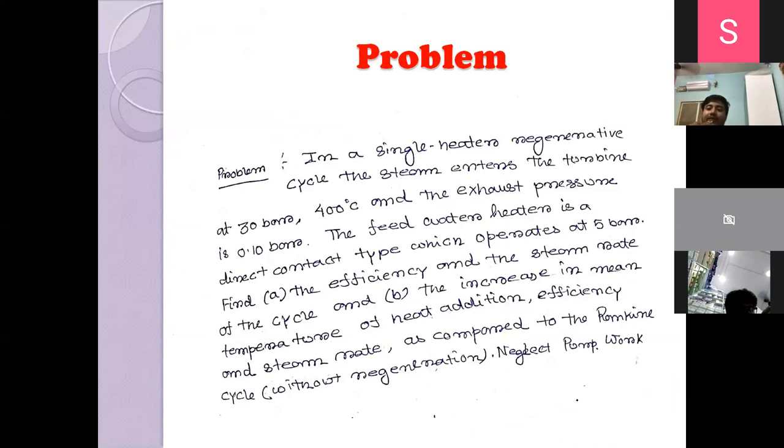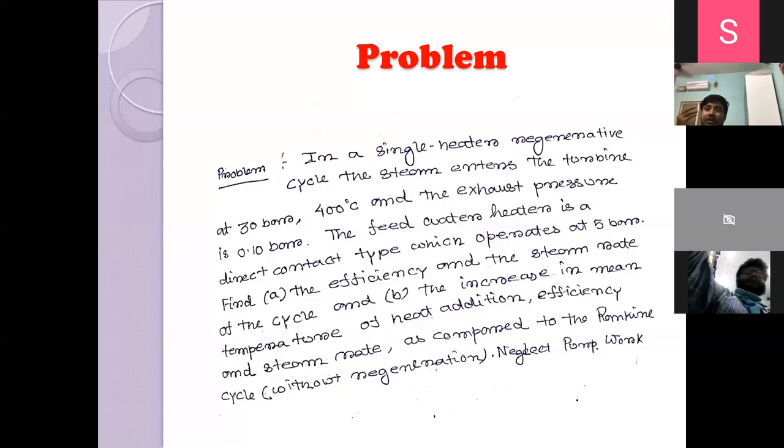What is the problem? You can read it: in a single heater regenerative cycle, the steam enters the turbine at 30 bar 400 degrees centigrade, and the exhaust pressure is 0.10 bar.